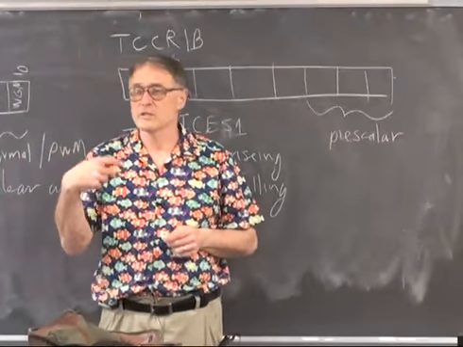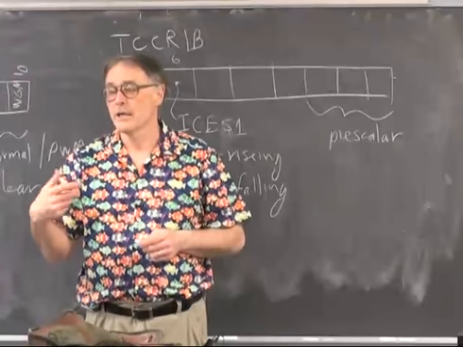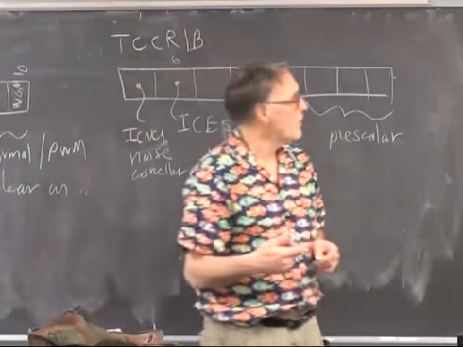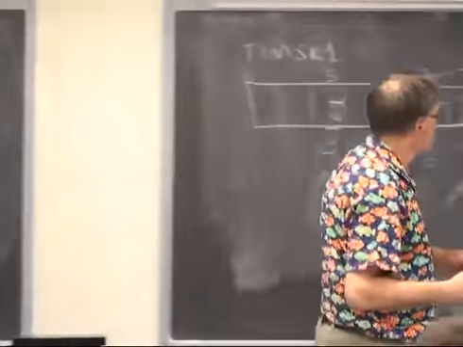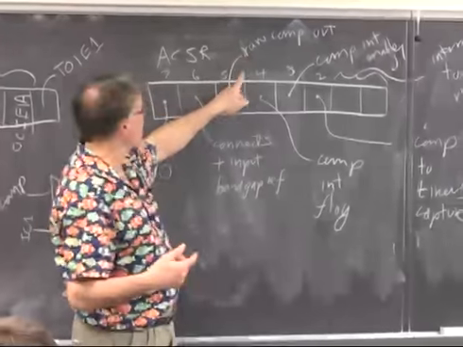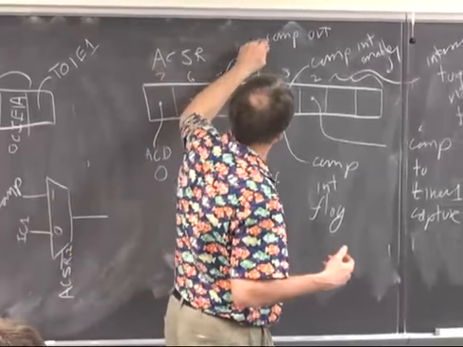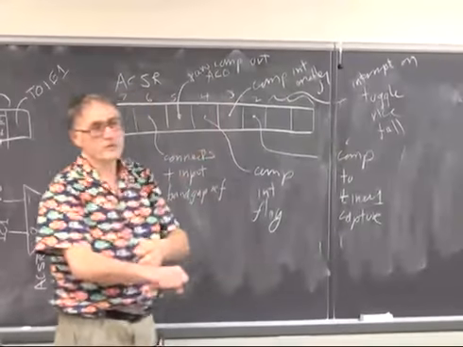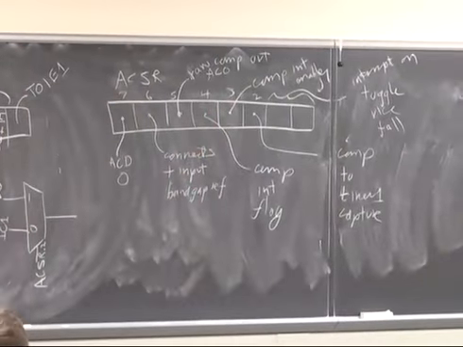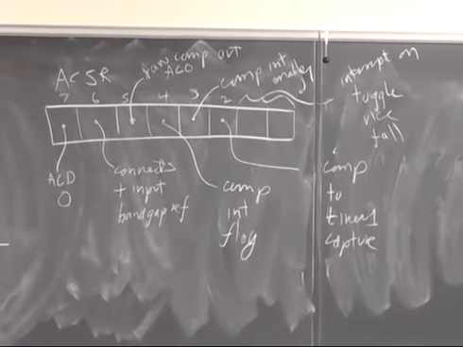Whenever main notices a transition on ACO, the raw comparator output, it measures the period.